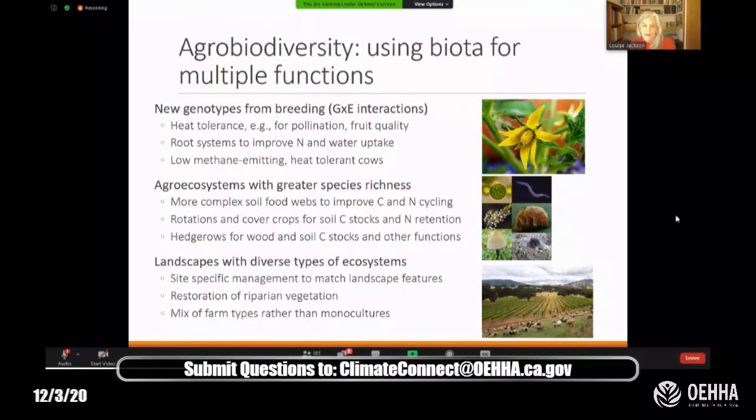This is a range according to a spatial scale, from topics related to genotypes, to agroecosystems, and to landscapes. So starting with genotypes, we need plant breeding for traits such as heat tolerance, for pollination, for fruit quality, so that crops can produce effectively in their environment.